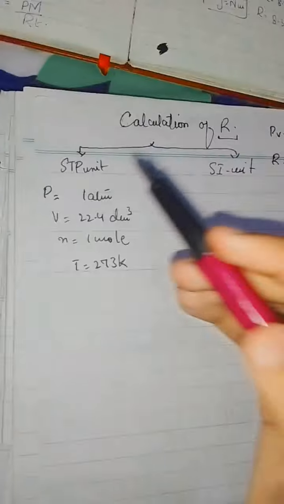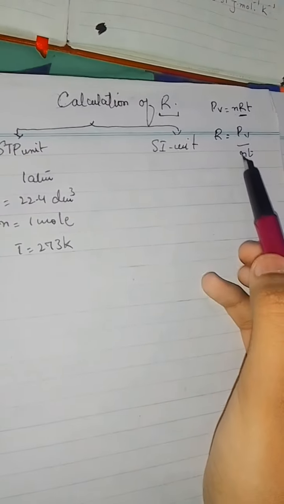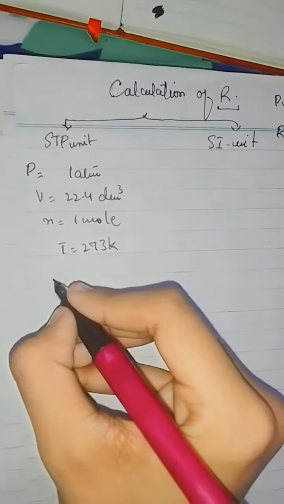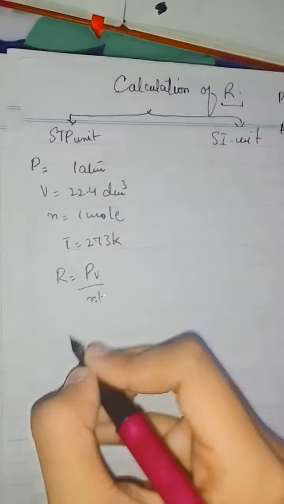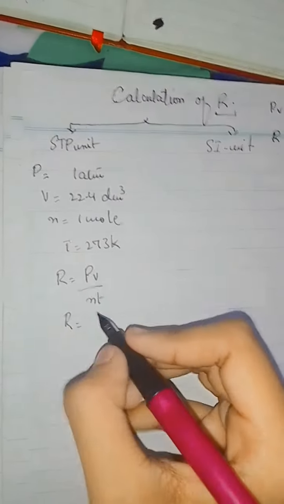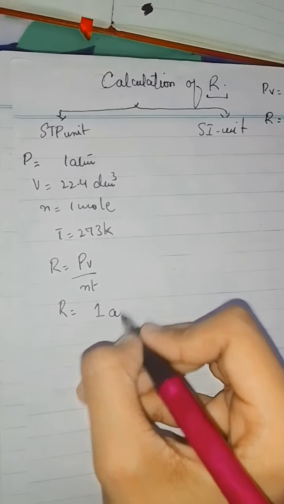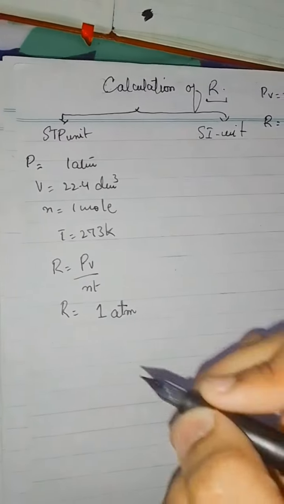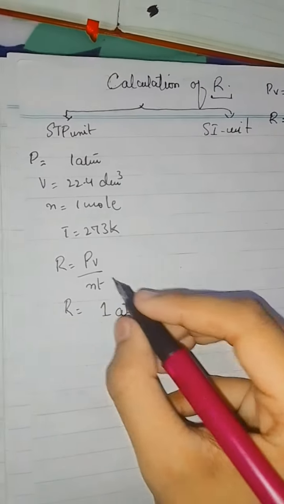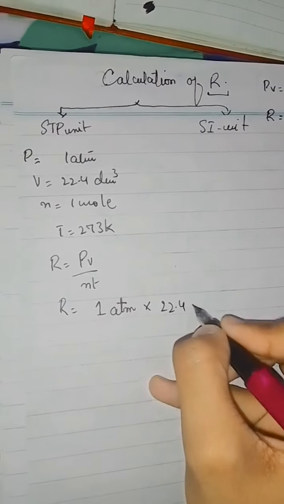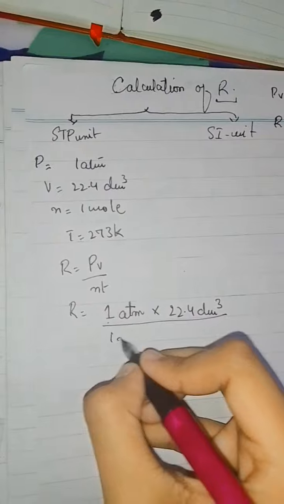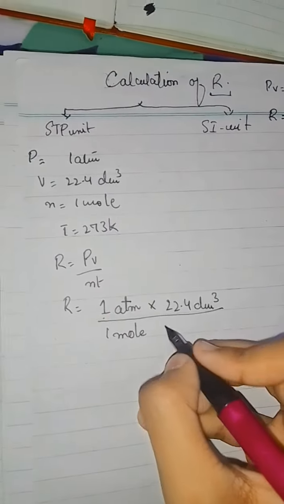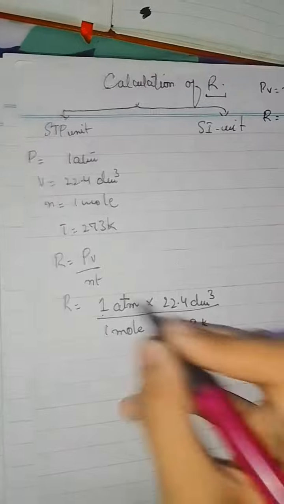First of all we'll be finding R in the STP unit. The formula for finding R is R = PV upon NT. Now R is equal to P, the pressure, which is 1 atm. It is compulsory to write the units with them. V is 22.4 dm cube divided by N, 1 mole, into 273 Kelvin temperature.